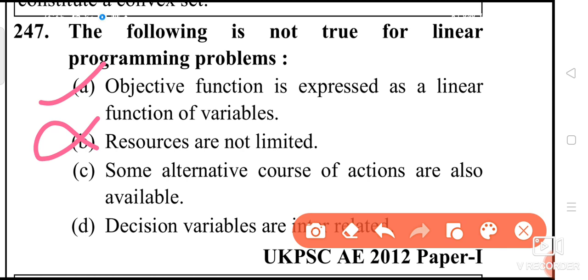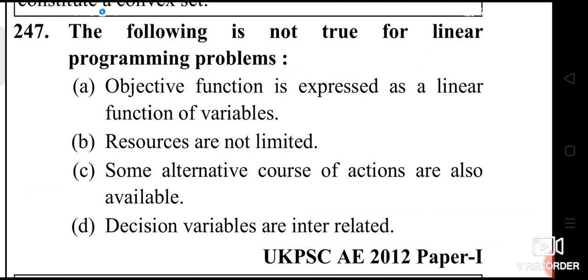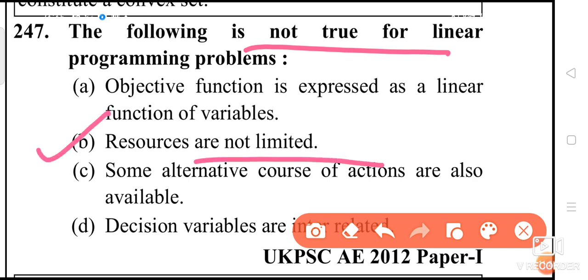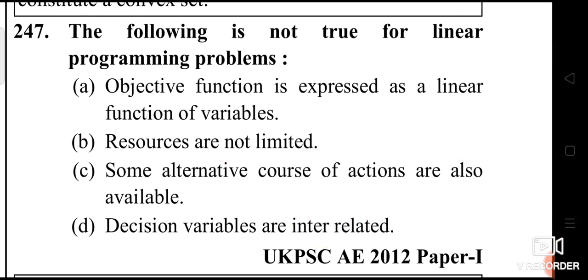Resources are limited in linear programming problems. Some alternative courses of action are also available. Decision variables are interrelated, right? So यहाँ पर पूछा गया not true. So resources are not limited. That is the true answer.